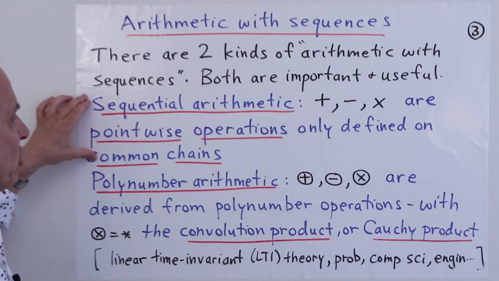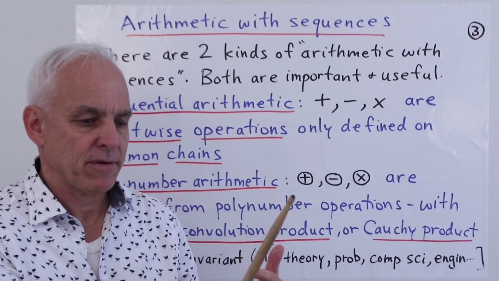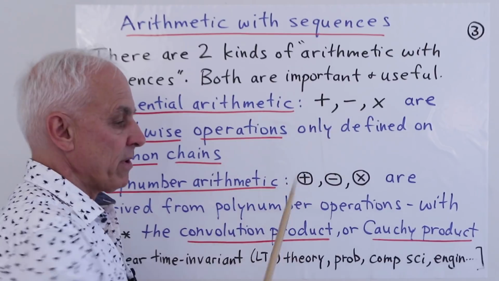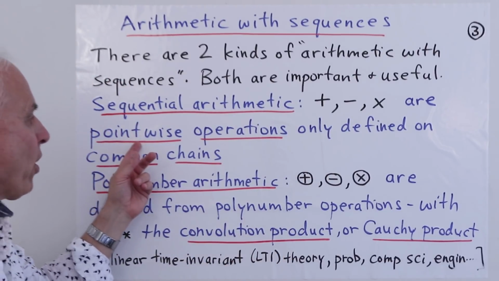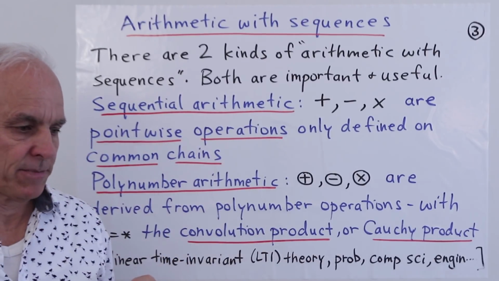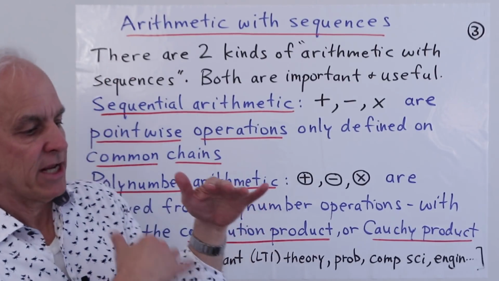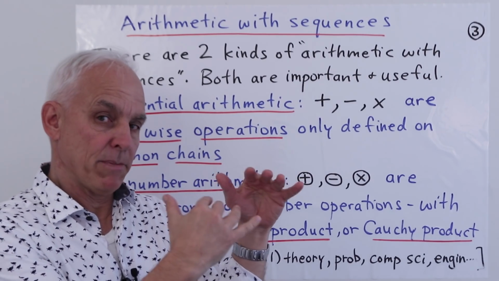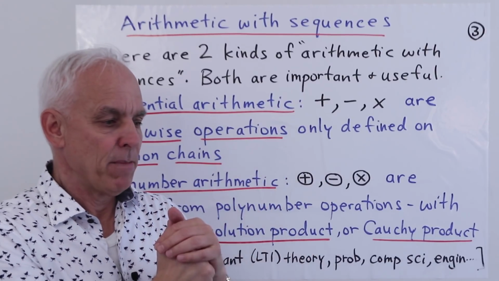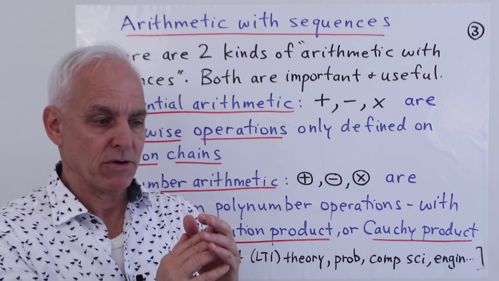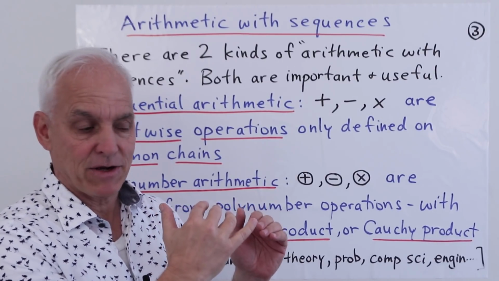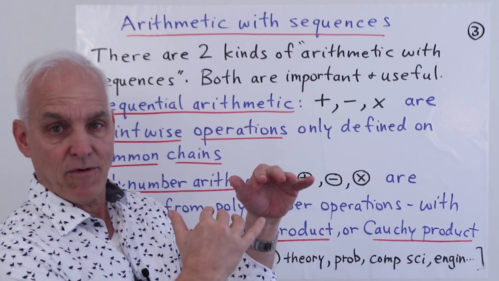The sequential arithmetic is perhaps the naive arithmetic, where you have operations of addition, subtraction, and multiplication on sequences. They are pointwise operations, but only defined on common chains. What that means is if you have two sequences, typically finite sequences of a certain length, because those we know exactly what we're talking about, they are positioned possibly in different places. You can have one sequence here and another sequence over here.